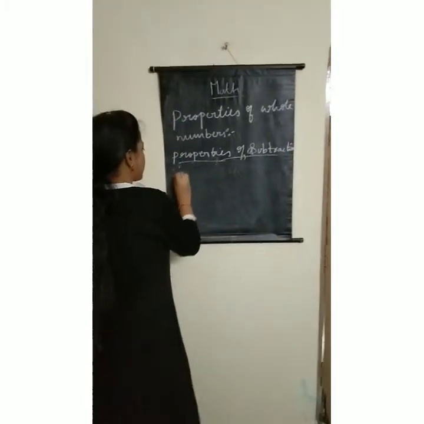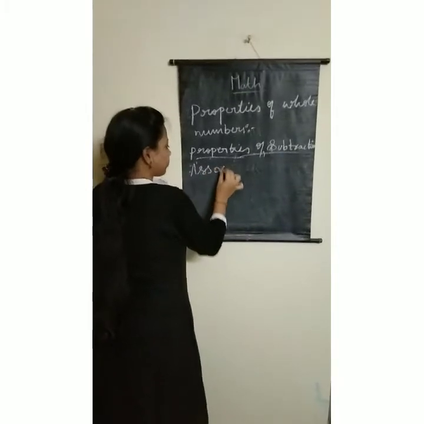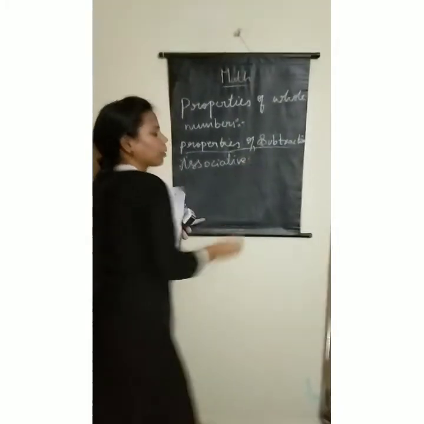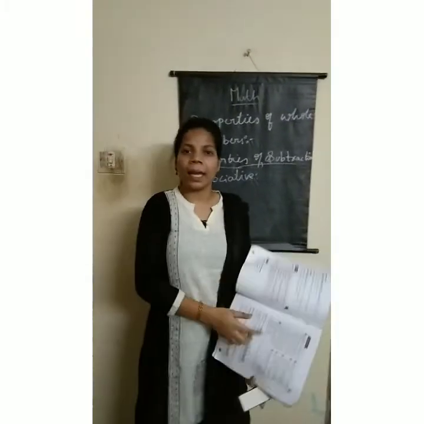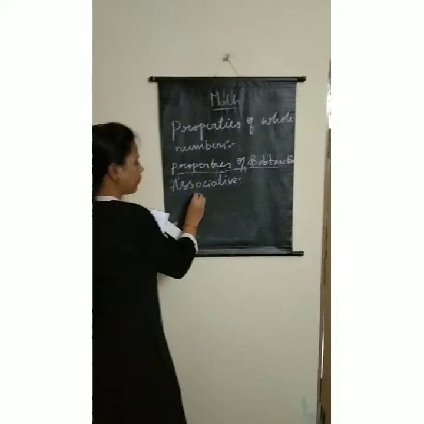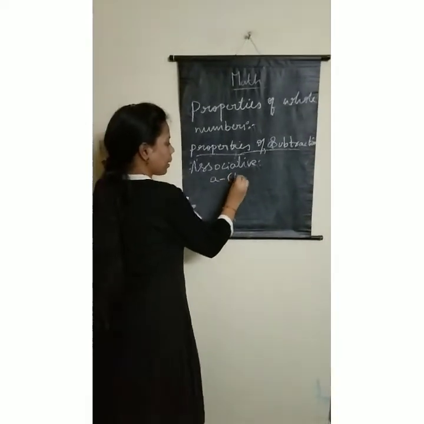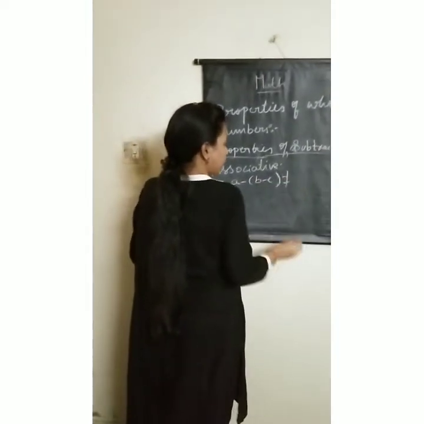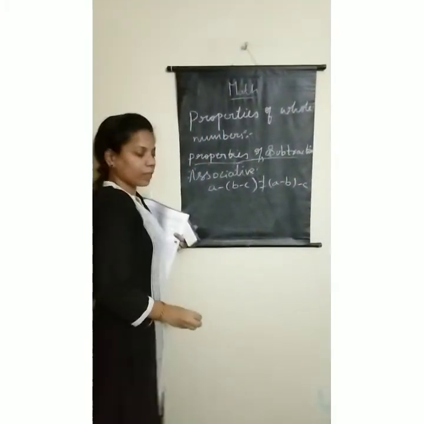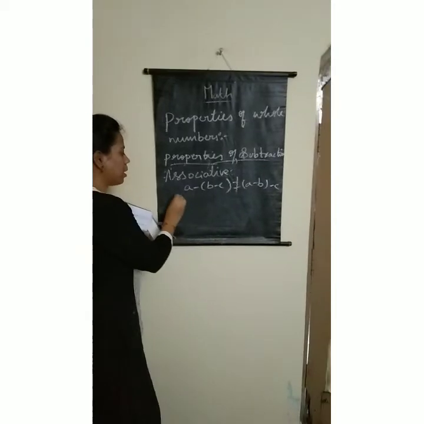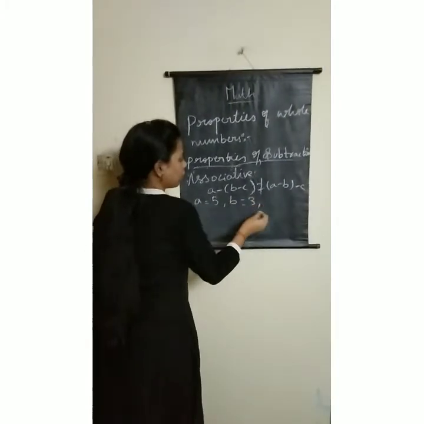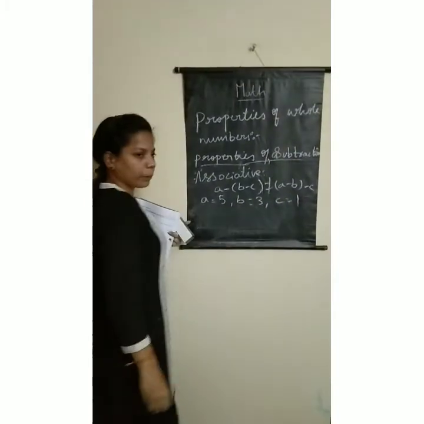Now we will see associative property. If A, B, C are any three whole numbers, then A minus (B minus C) is not equal to (A minus B) minus C. So we will take an example again. A is equal to 5, B is equal to 3, C is equal to 1.